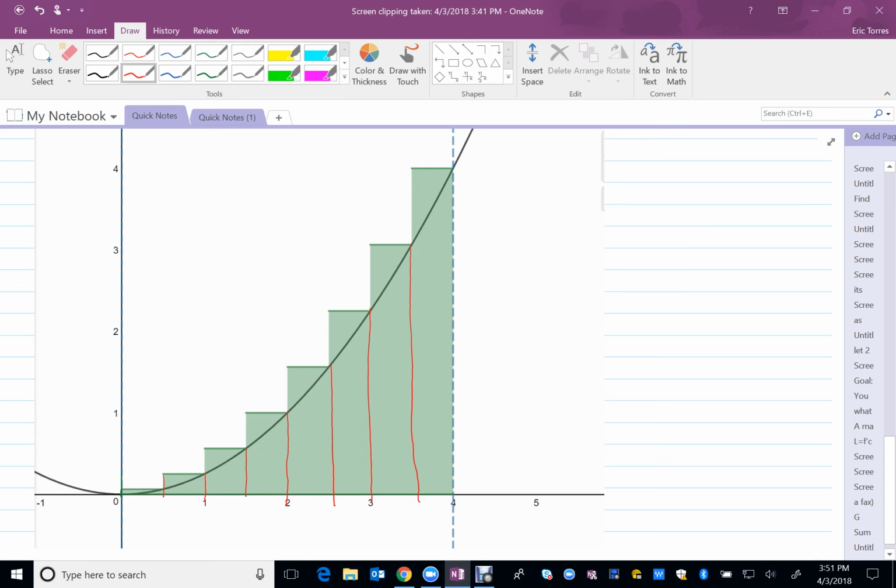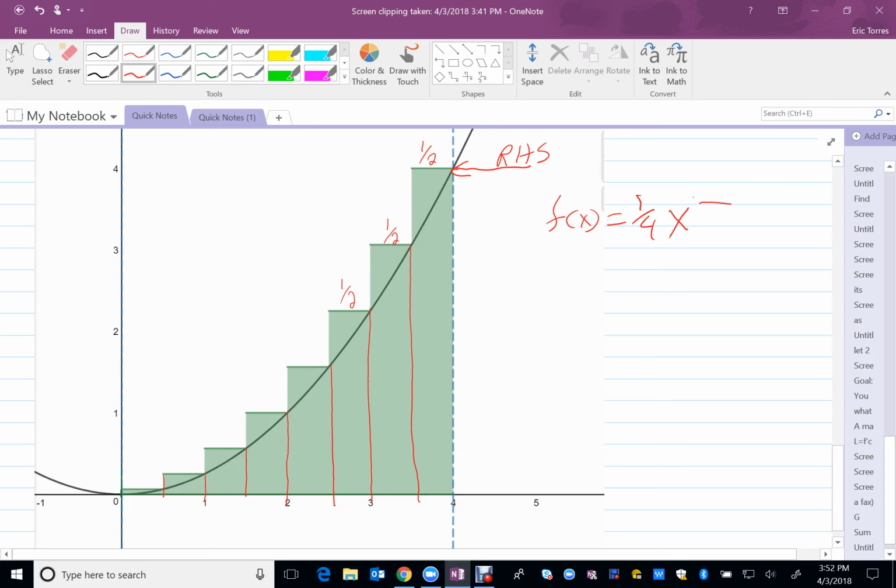And for each rectangle, I can calculate its width. So I have 8 rectangles, each one has a width of 1/2. And each one has a length or a height. And again, because the function touches the rectangle on its right-hand side, I can calculate that using the formula for the function, which is 1/4 x squared.